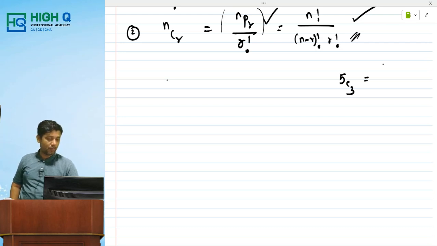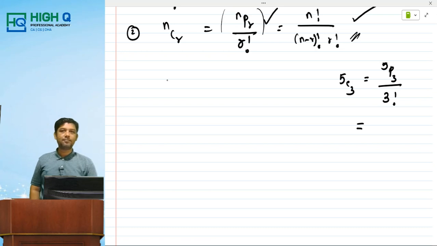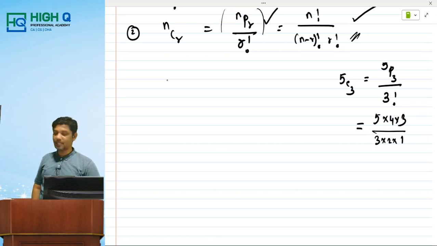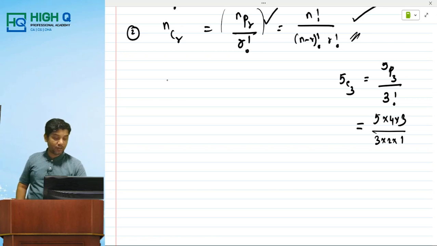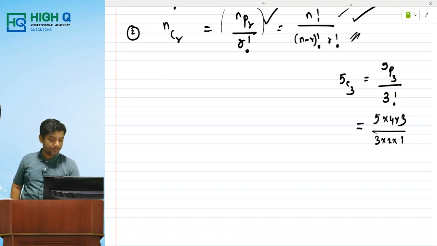According to this formula, it is 5P3 divided by 3 factorial. You know 5P3, divided by 3 into 2 into 1. Is it clear, my dear? Say yes or no.